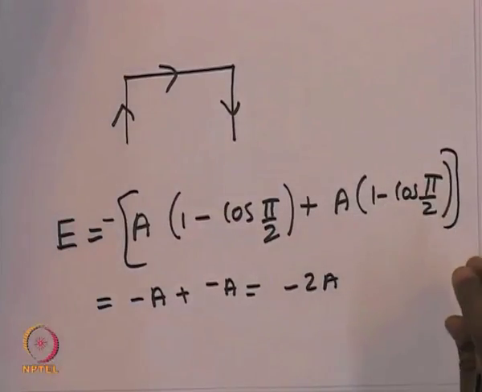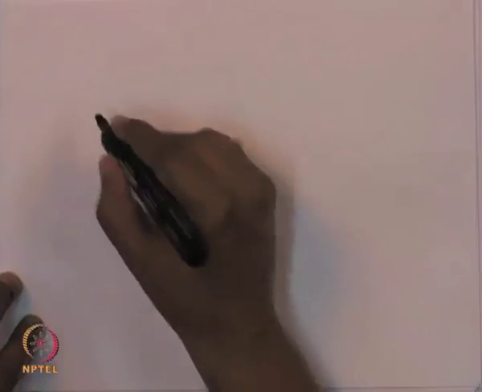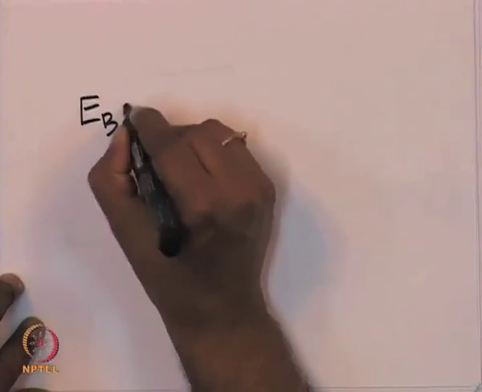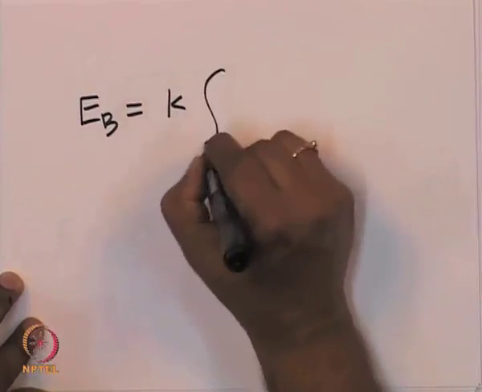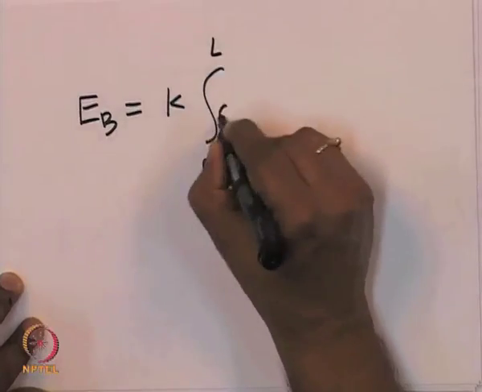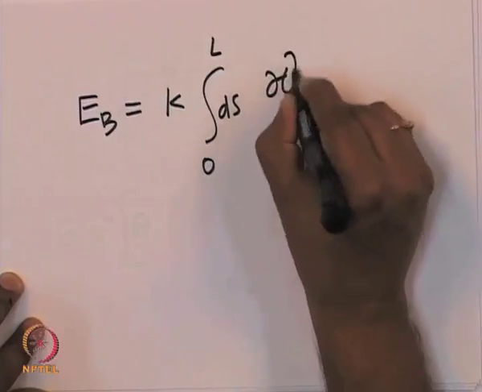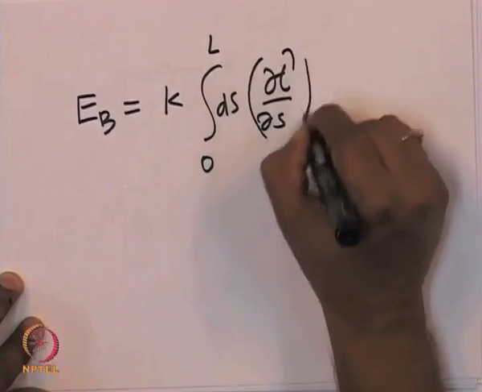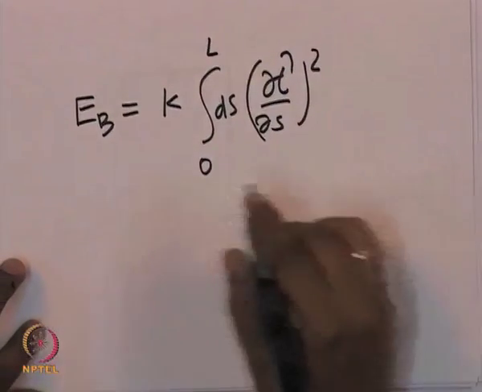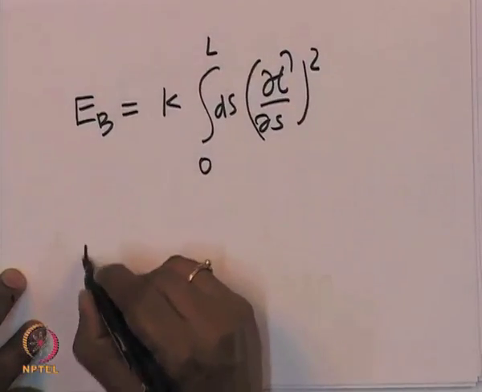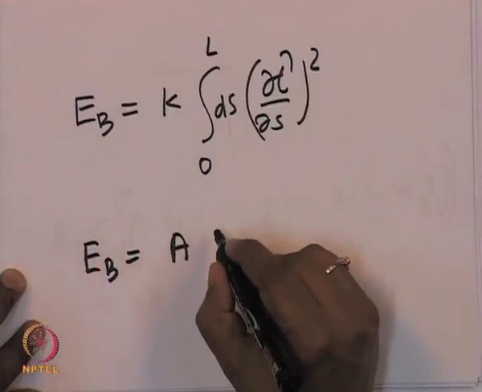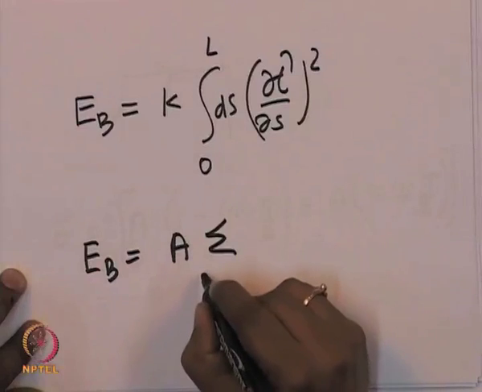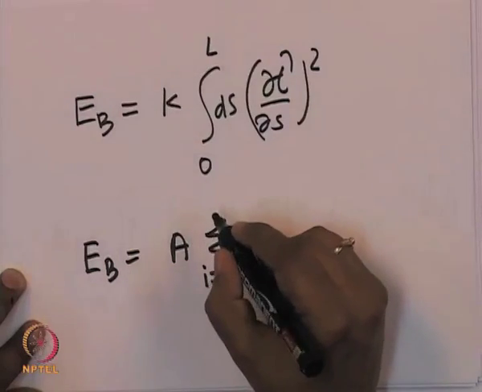It turns out that the bending energy we discussed, kappa times integral 0 to L ds, del T by del s whole squared, if we convert this to a discrete format, you will get E b as A times sum over i equal to 1 to n of 1 minus T i dot T i plus 1.